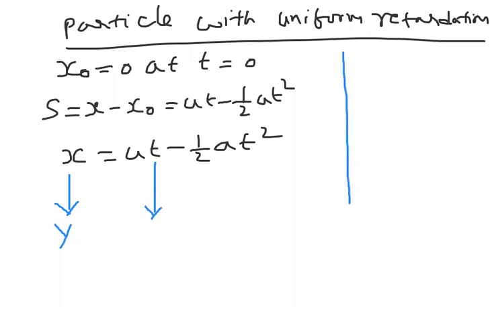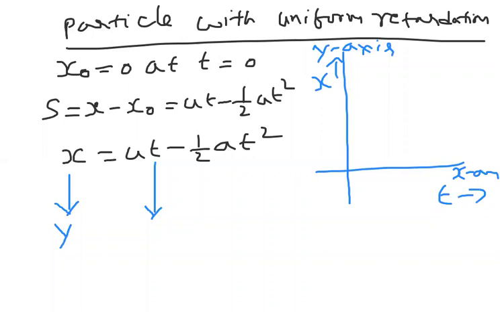This is the y-axis and this is the x-axis. On the y-axis we take position, and time we take on the x-axis. So y is equal to, t is taken on the x-axis, so I am writing it as x square.